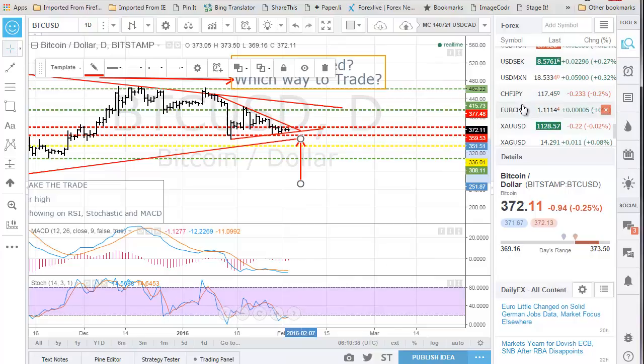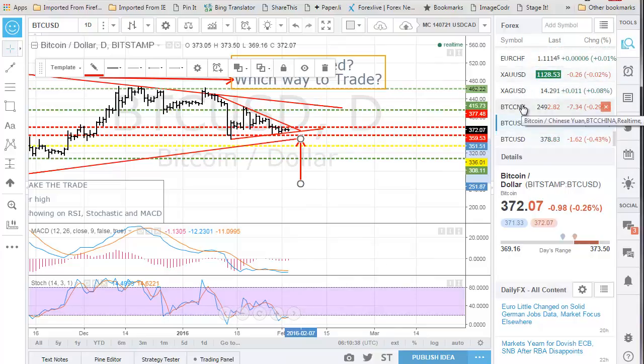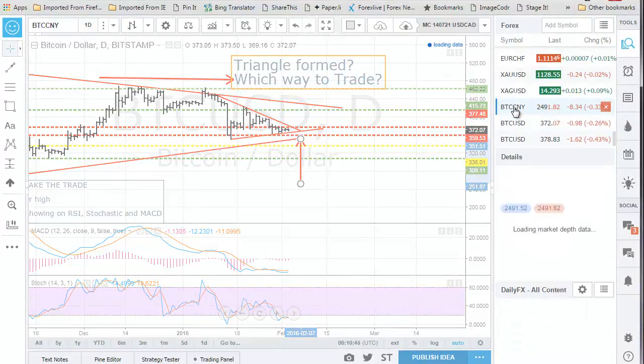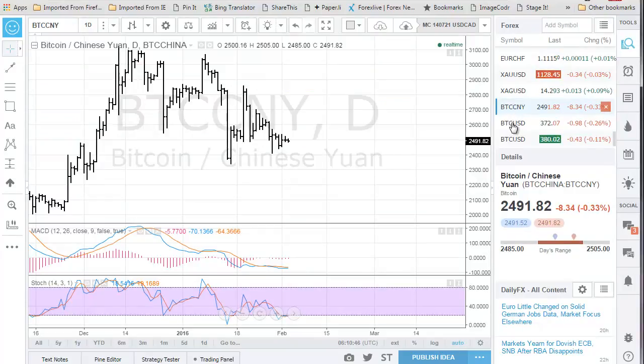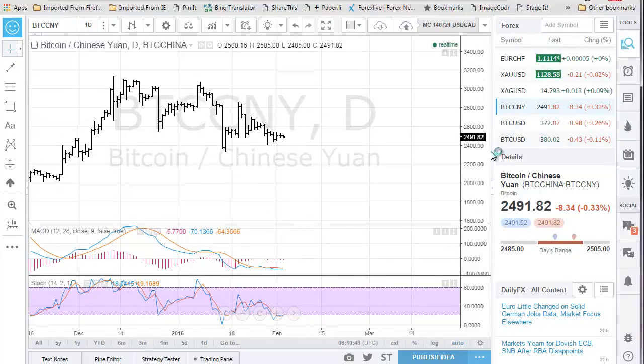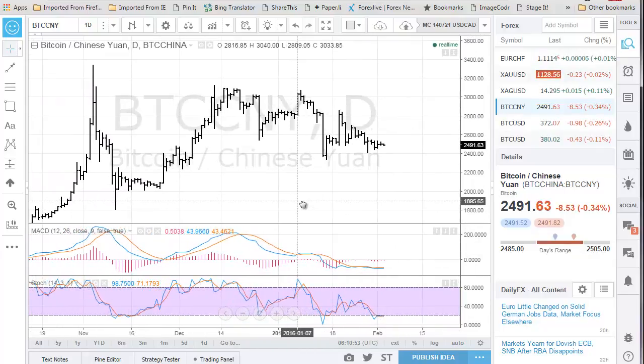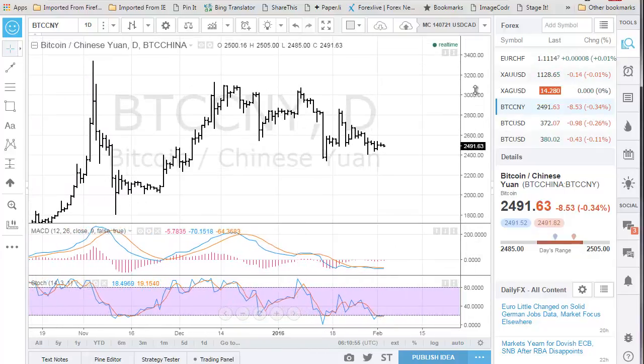Now you'll remember I talked about the relationship to the Chinese yuan, the Chinese currency. And remember that last time we talked, the Chinese currency was in its triangle. And once the data loads up, hopefully we'll see the triangle on this chart.